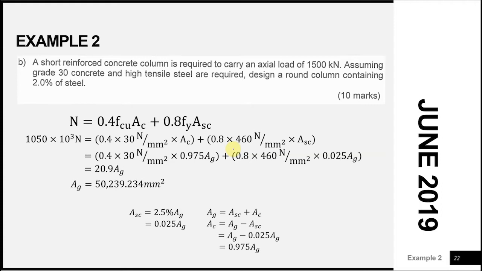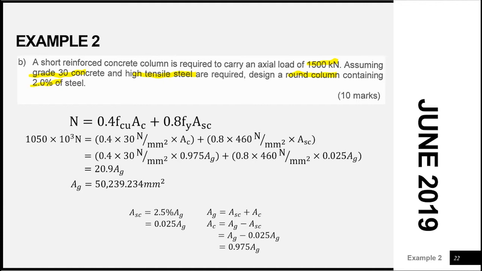Okay, a short reinforced concrete column to carry an axial load of 150 kilonewton, assuming grade 30 concrete, high tensile steel, design a round column containing 2% of steel. Okay, what does it mean by whatever given here? Okay, maybe kita boleh tuliskan to simplify apa yang dia maksudkan.